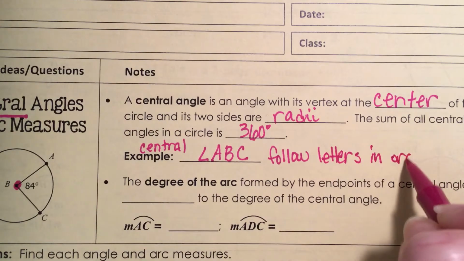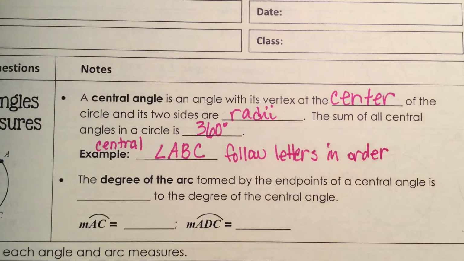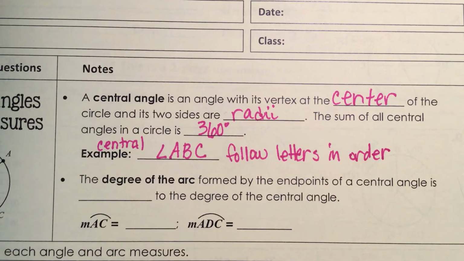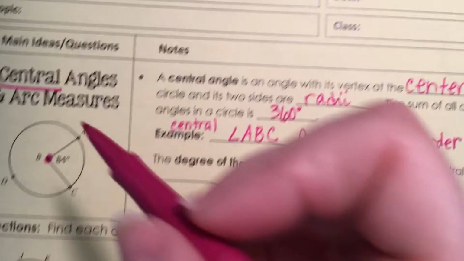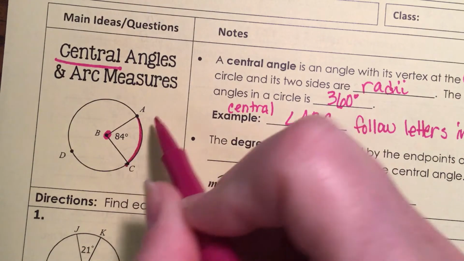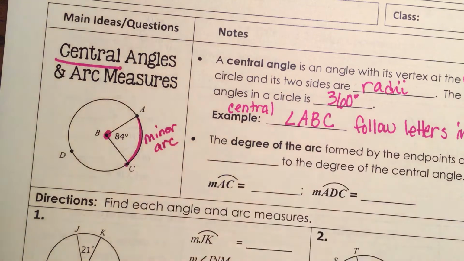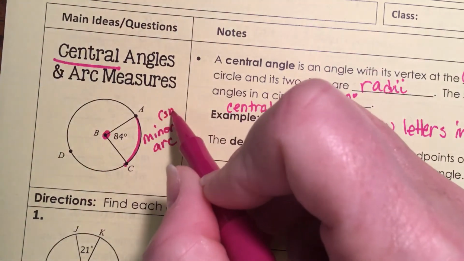This is extremely important when we're talking about these arcs, because you have minor arcs and major arcs that you looked at on that first assignment. So if we look over here, this from A to C, this is a minor arc. Minor meaning smaller. So if you want to make a little note here, this is smaller.